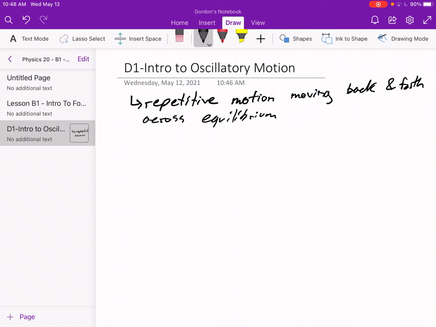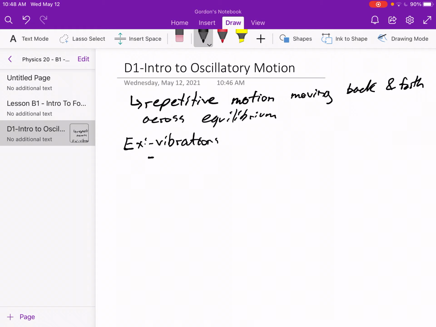For example, any sort of vibrations. Some examples of this are vibrations, such as guitar strings that are vibrating, or bells that vibrate when you ring a bell, and like I had mentioned before, lots of machinery is something where you have to consider how it is vibrating.